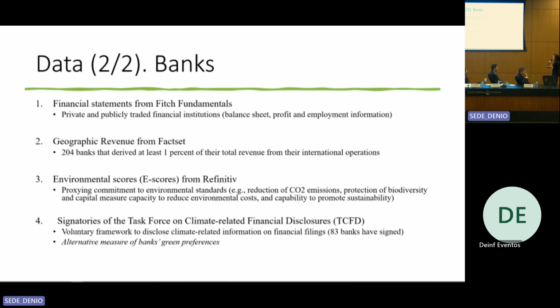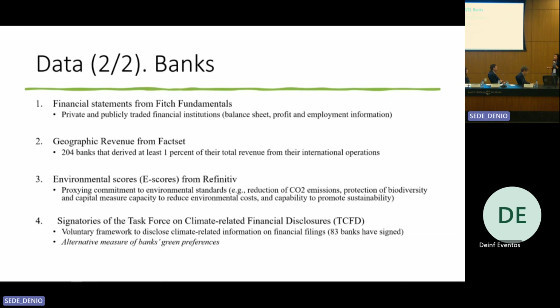We're also going to have data on the environmental scores of banks that comes from Refinitiv. But given that we're not sure if these environmental scores capture a green preference or if they are only noise, we're going to run more analysis with other information on the green preferences of banks. We also have which of these banks are signatories of the Task Force on Climate-Related Financial Disclosures.